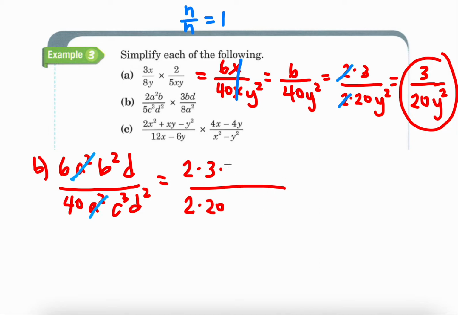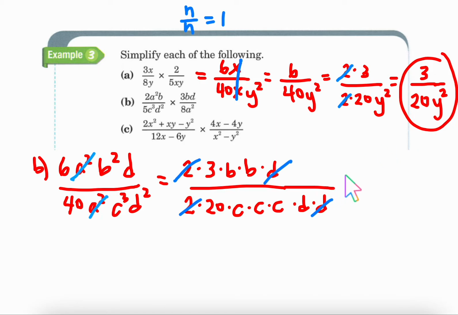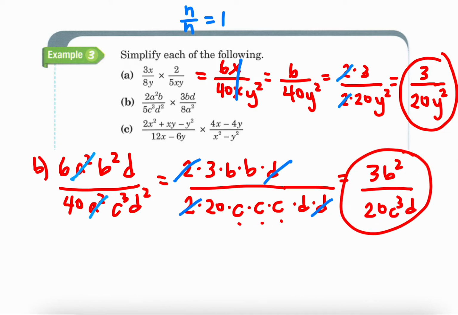And over here, you could break it down like this so that you expand all your variables and cross it out that way if you like the satisfaction of crossing them out. 2's and 2's, D and D, crossing it out like that to get your answer. So at the end you have 3b squared over 20c cubed, times a d left over. There's nothing else they share.